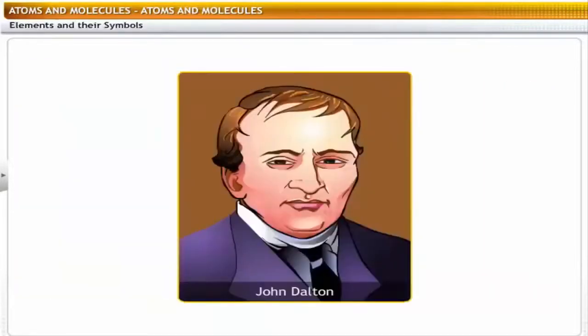Having identified some elements, Dalton proposed a scheme of notation to represent elements.